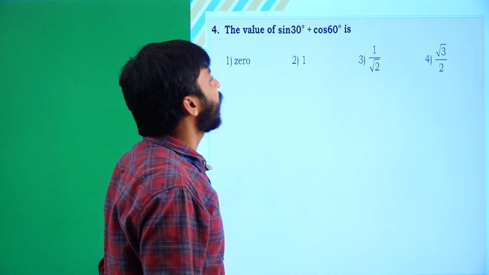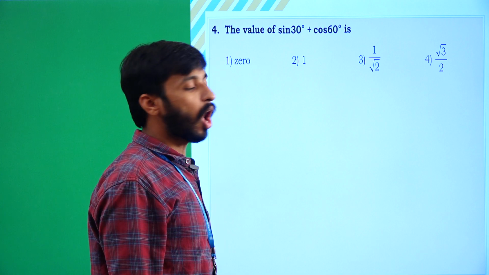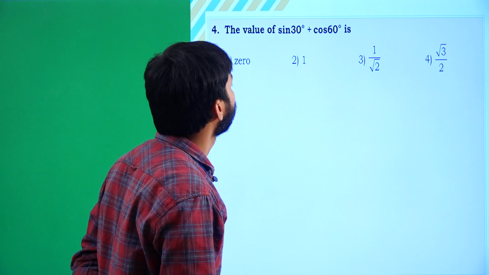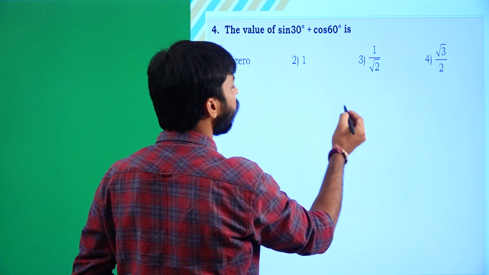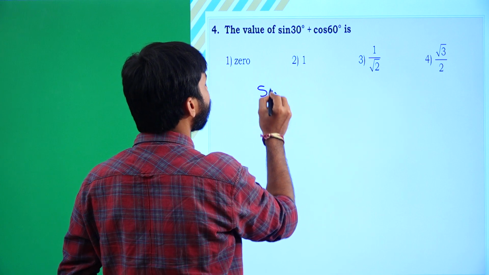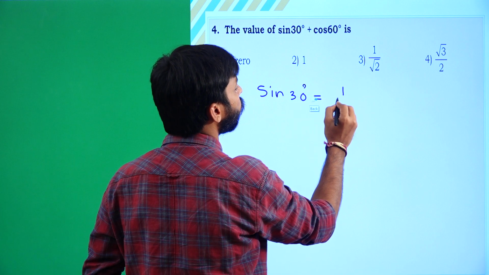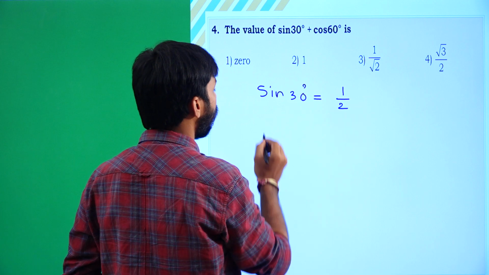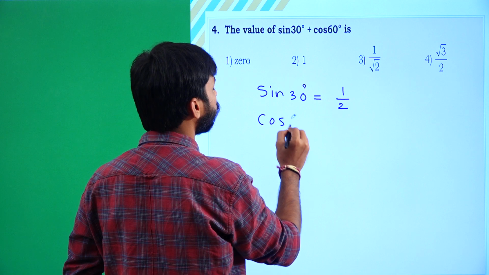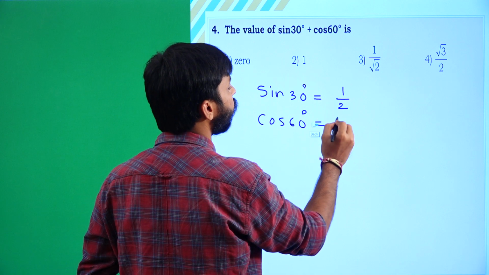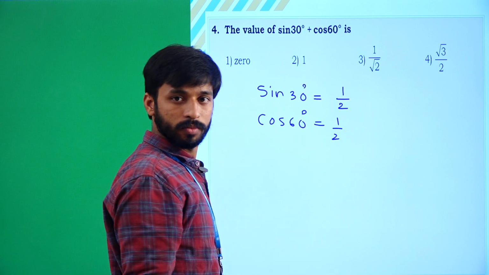The value of sin 30 plus cos 60. So already sin 30 is equal to 1 by 2, cos 60 is equal to 1 by 2.